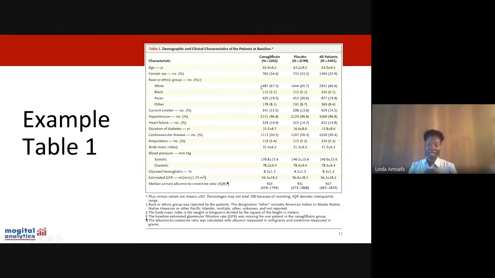If I have 762 females and a total of 2,202 observations, which is the N written up here, then you should know the percentage for the male sex. If 34.6% of them are females, then what is the percentage of males? They don't allow you to include both binary levels in your table 1, in order to save space.